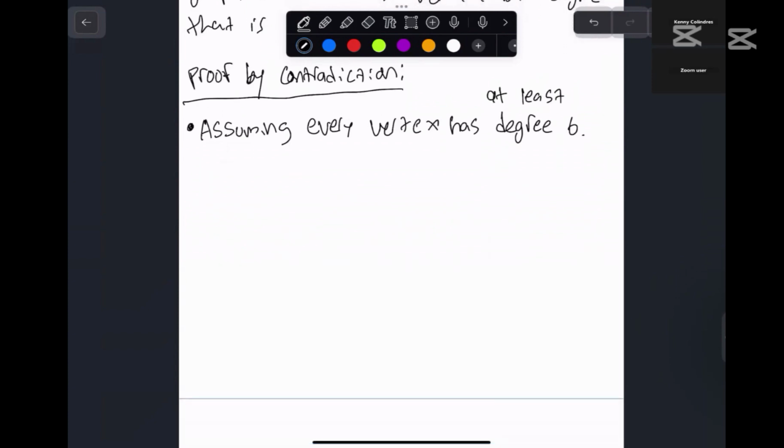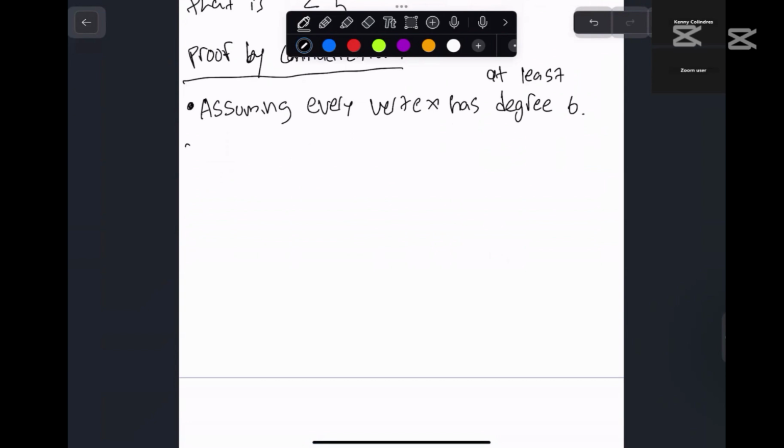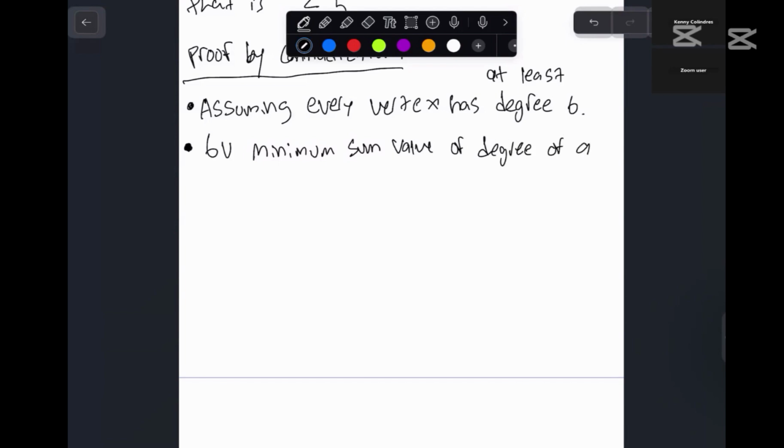And then using that to find the minimum value for the degree of all the vertices summed together, that would just be 6 times v, the number of vertices.